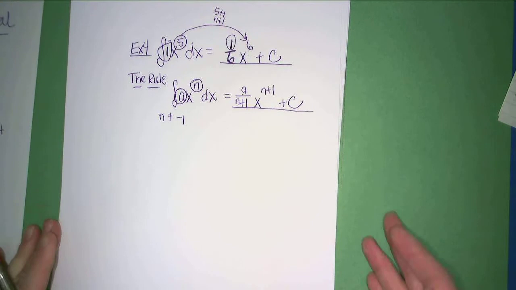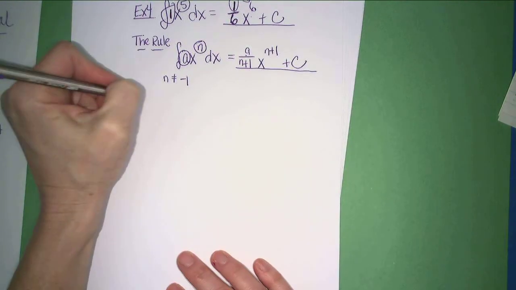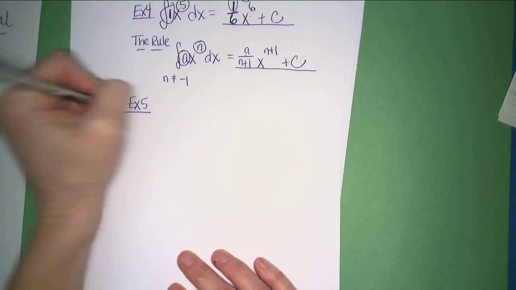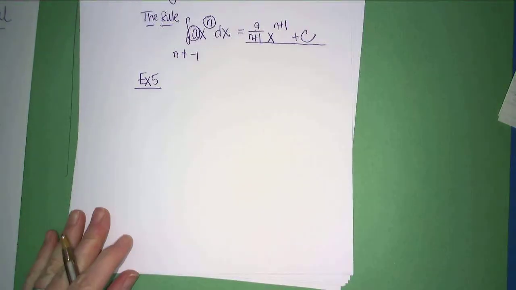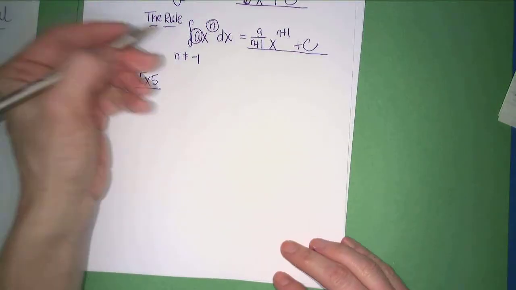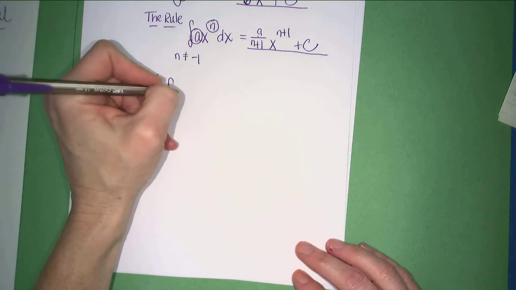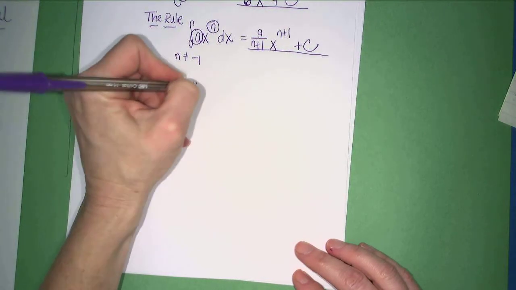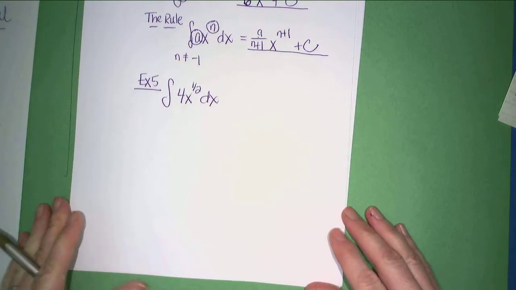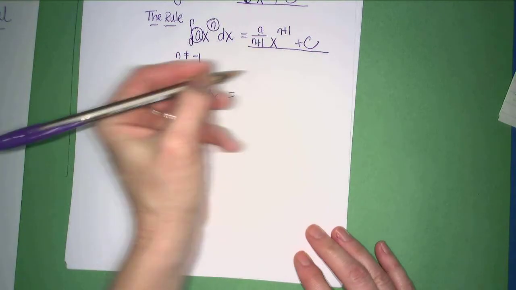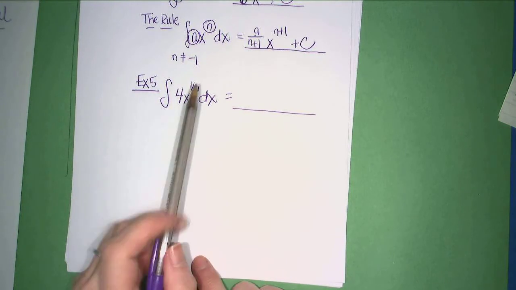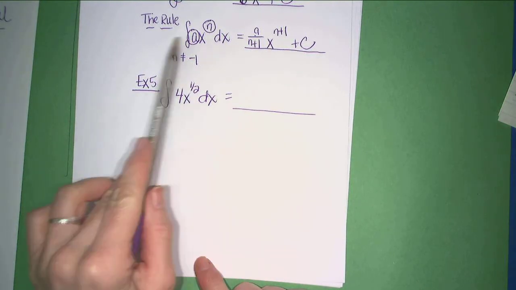So let's try to apply the rule to the next example. Example 5. Example 5 is going to be the antiderivative of 4x to the 1/2 with respect to x. Okay, so a little more complicated because you have that 1/2 up there, but if we use our rule, it should be pretty easy.